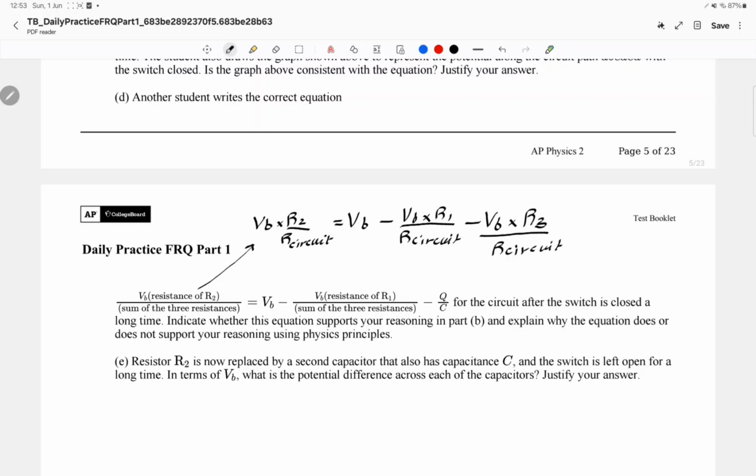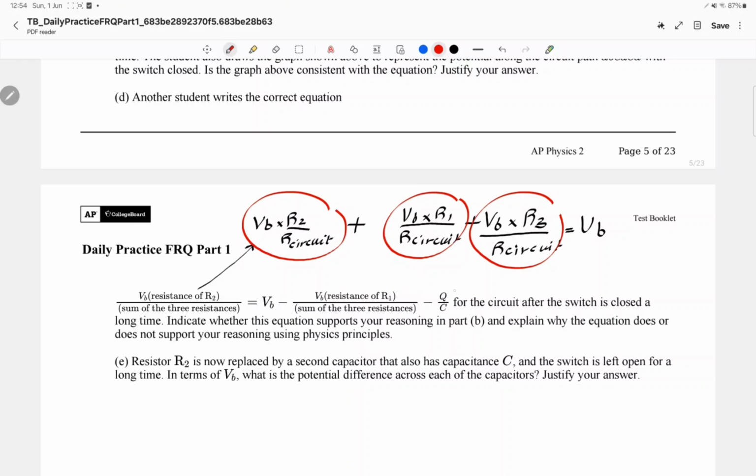So essentially, we can say that if we move these guys here, it's going to become plus sign. So it's like saying plus is equal to VB. So VB is equal to essentially the voltage across R2 and the voltage across R1 and the voltage across R3 all combined, which makes sense, right?